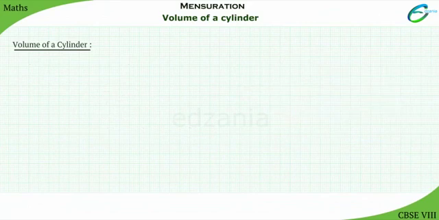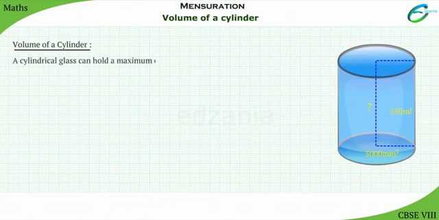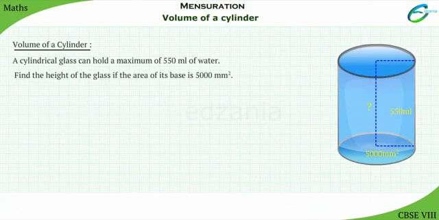Let us solve another example. A cylindrical glass can hold a maximum of 550 millilitres of water. Find the height of the glass if the area of its base is 5,000 square millimeters. Volume is calculated in cubic units.